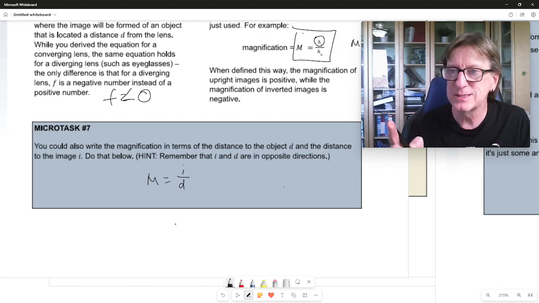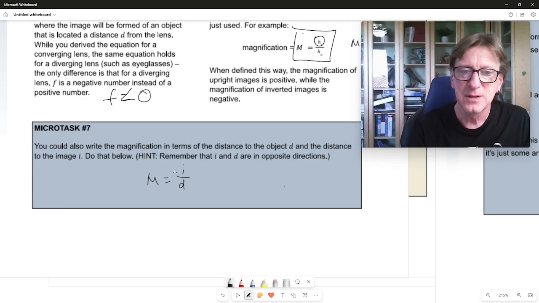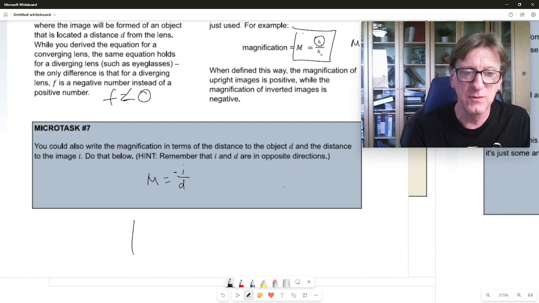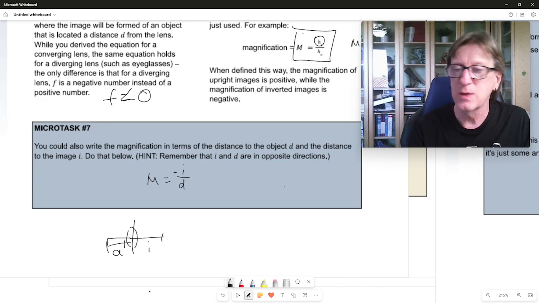However, remember that it is in the opposite direction if it's for our converging lens. So if this was my lens, this was my object distance here, my image distance was on the other side, and so that would be negative as well. So this would be my magnification in terms of the image distance and the object distance.